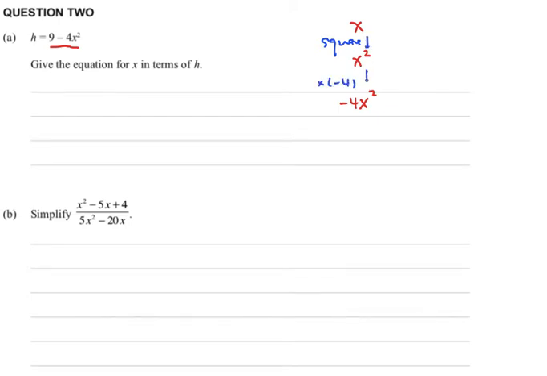Next, if you continue and add 9, it becomes 9 minus 4x squared. That's basically the way that you can have x become 9 minus 4x squared.